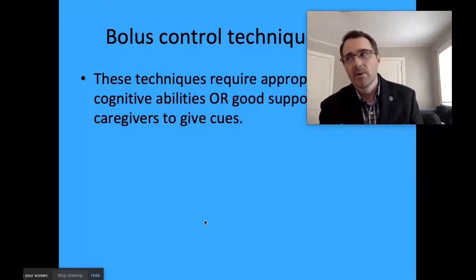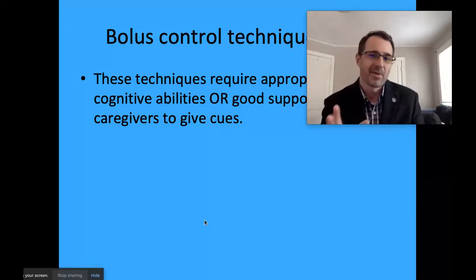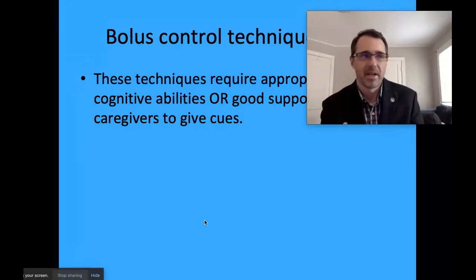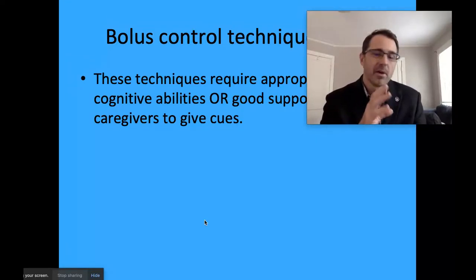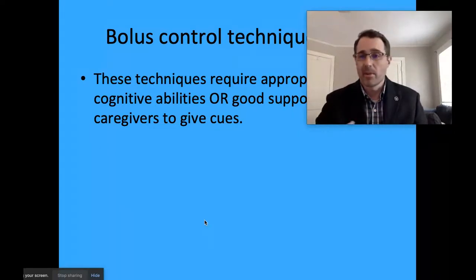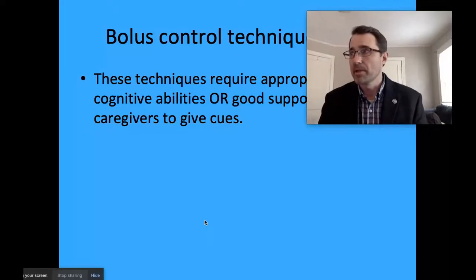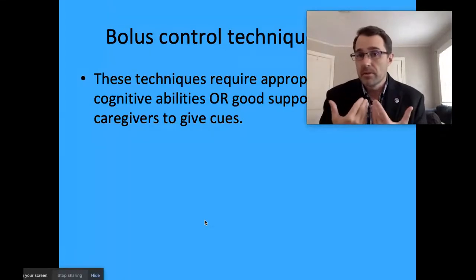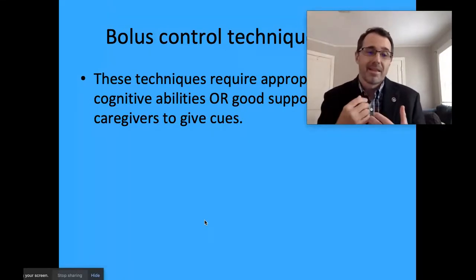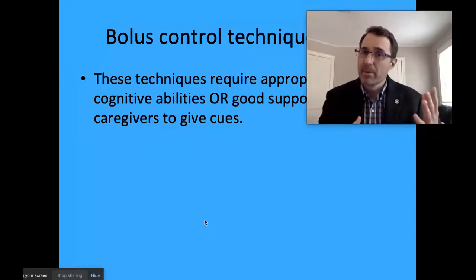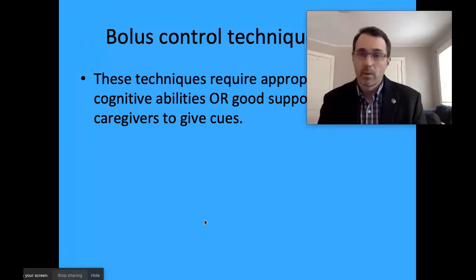So most compensatory strategies outside of those of diet modification, those that require the patient to do anything, anytime you're requiring the patient to do something themselves, they have to remember to be able to do that when you're not around.